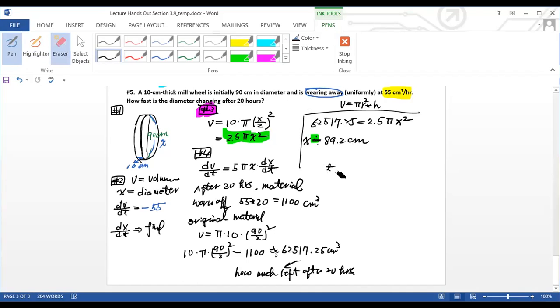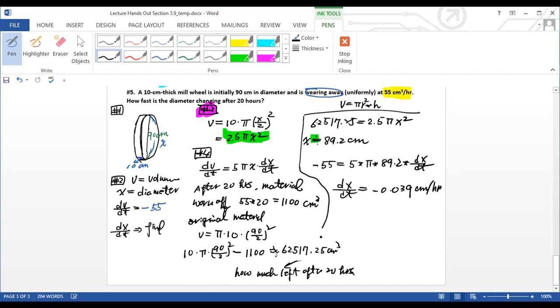We want to find dx/dt. So dV/dt, negative 55, is equal to 5 times pi times 89.2 times dx/dt. If you plug in here, we get negative 0.039 centimeters per hour.